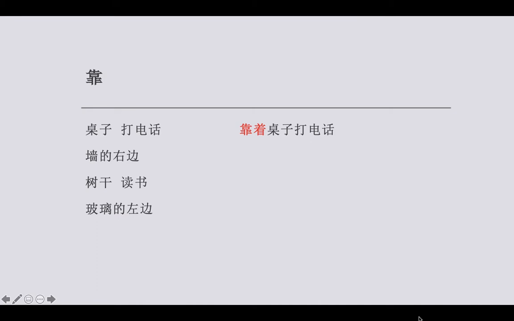The second one, yeah, 靠在墙的右边，靠在墙的右边. And as we have already explained, when you are using 靠在 plus a direction, you are specifying the direction. So actually, you don't need to add any verb anymore because here the 靠 itself is a verb.